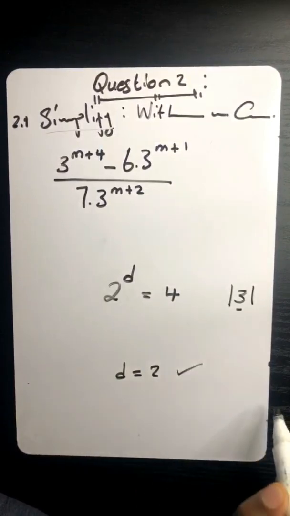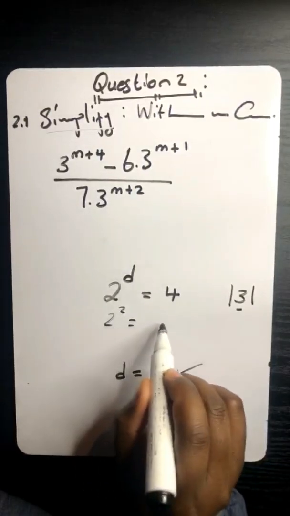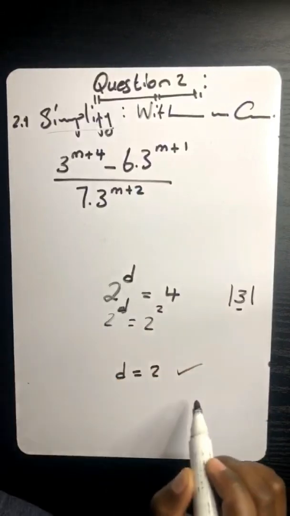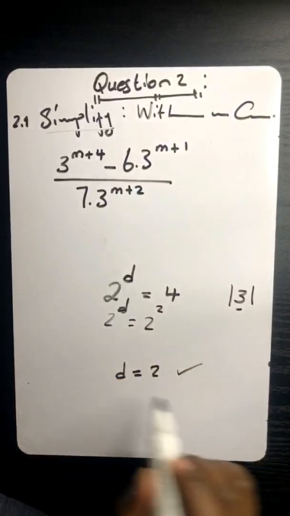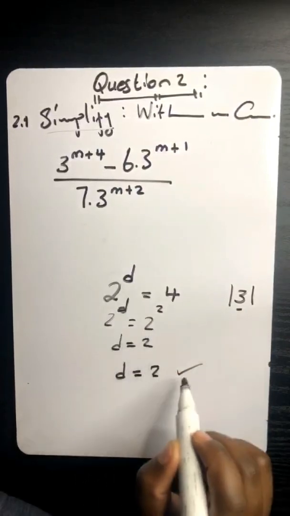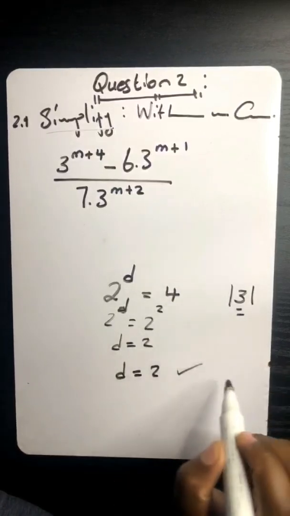If I woke up in a positive mood that day, I can give you 1 mark and you lose 2 marks. But for someone who says 2 to the exponent D is actually equal to 2 to the exponent 2, therefore the bases are the same, they fall away, and the exponent D is equal to 2, with this learner I'm most likely to give maximum marks.